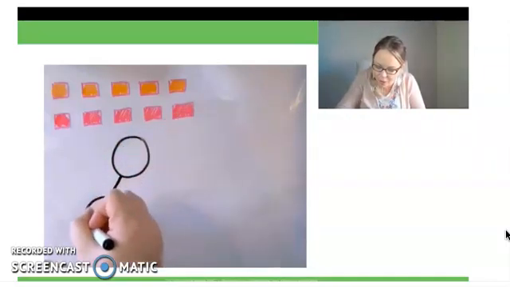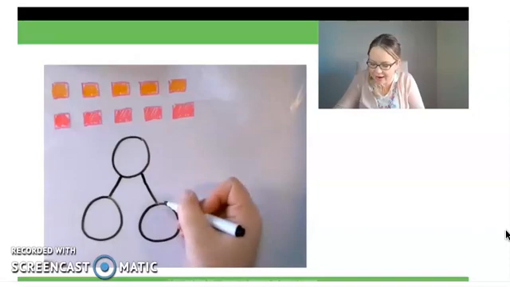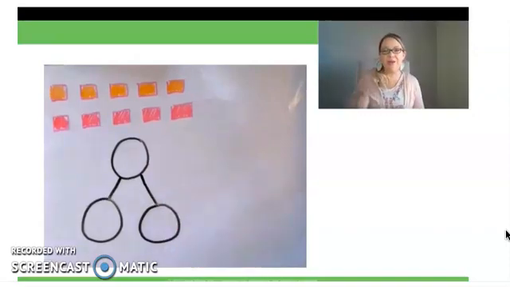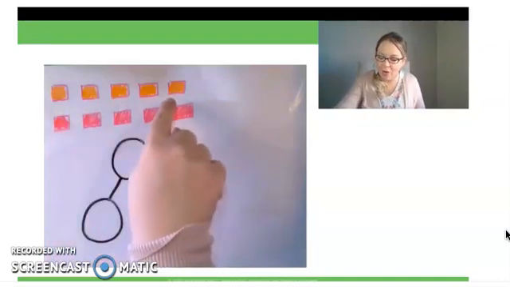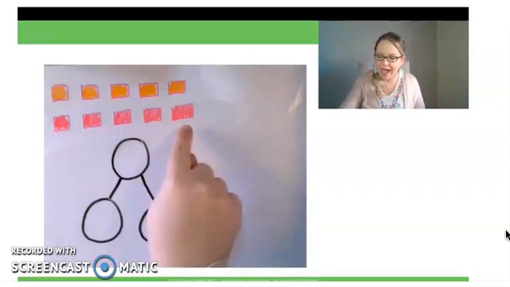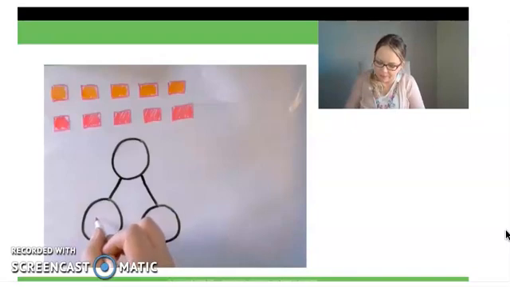I need 1 for our whole, and then 2 circles for each of our parts. So how can I fill in this number bond to match our picture? Great answers. Yes, both of our parts are 5 this time because we have 5 orange presents and we have 5 red presents. So I'll write a 5 in both of the parts.